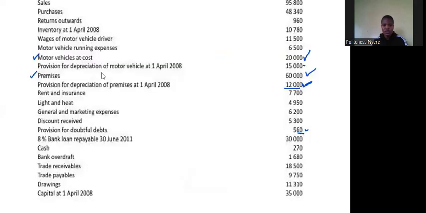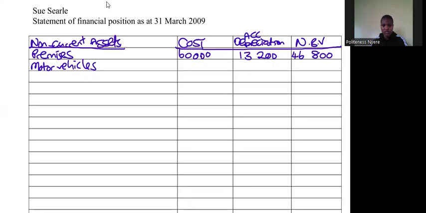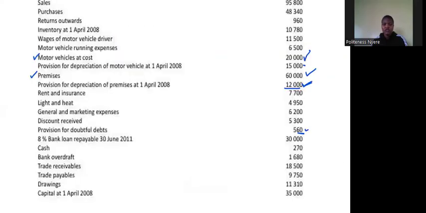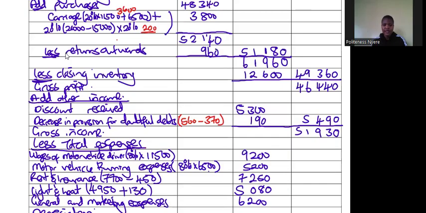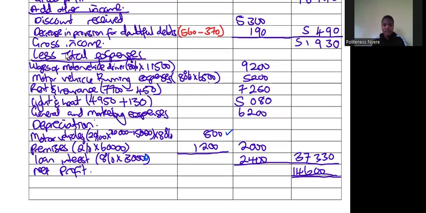For motor vehicles, the cost was 20,000. Then we want the depreciation. We had 15,000 in the trial balance, and we also add the one that we calculated in the income statement.